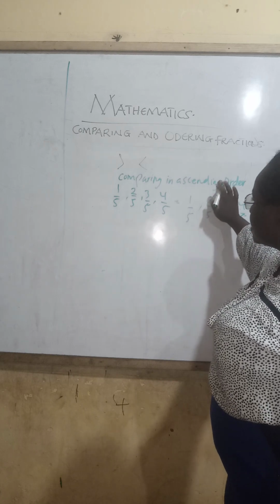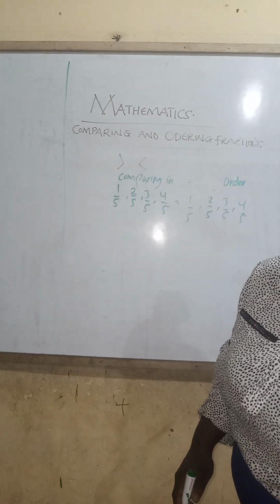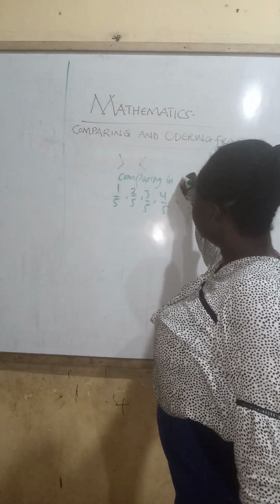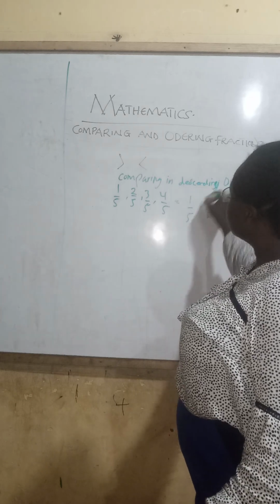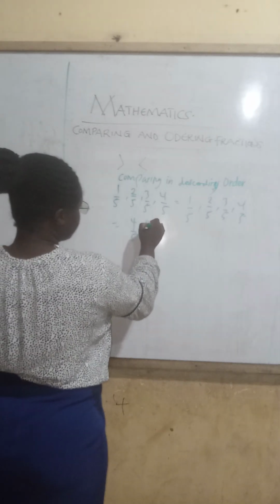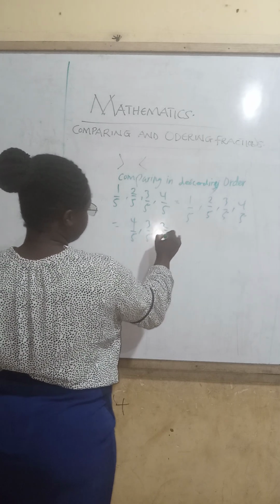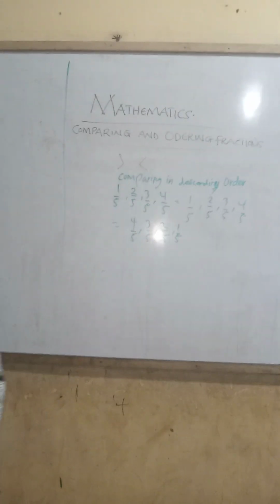But in descending order, we start from 4 out of 5, 3 out of 5, 2 out of 5, and 1 out of 5.